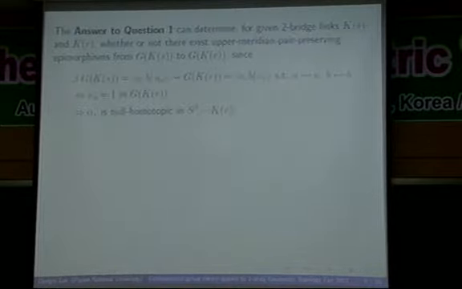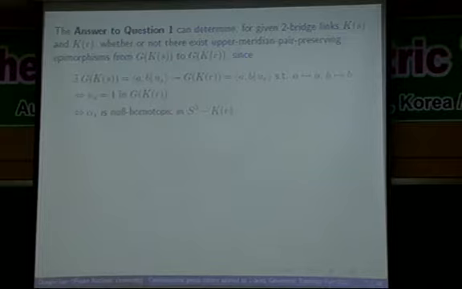And then, speaking in connection with the question, the answer to question 1 can determine, for given two-bridge links, whether or not there exists an upper meridian pair preserving epimorphism from this two-bridge link group to this two-bridge link group, for the following reason.